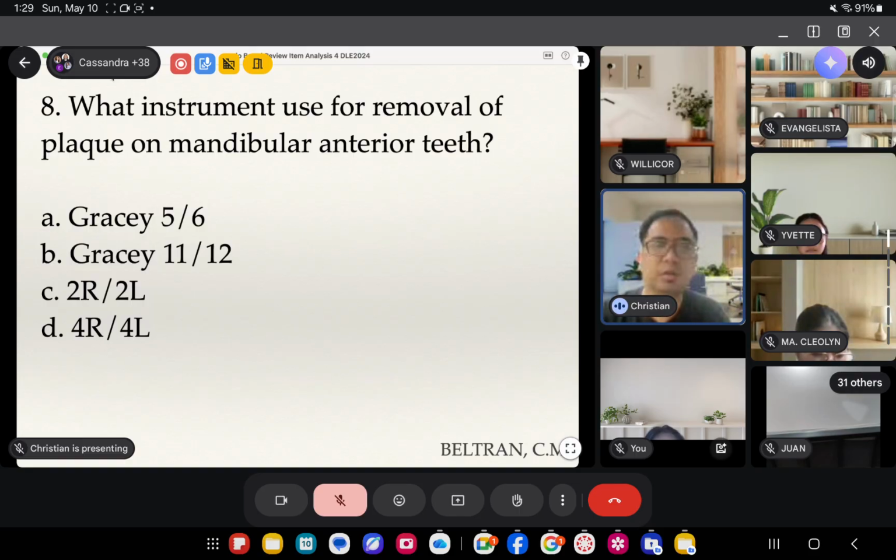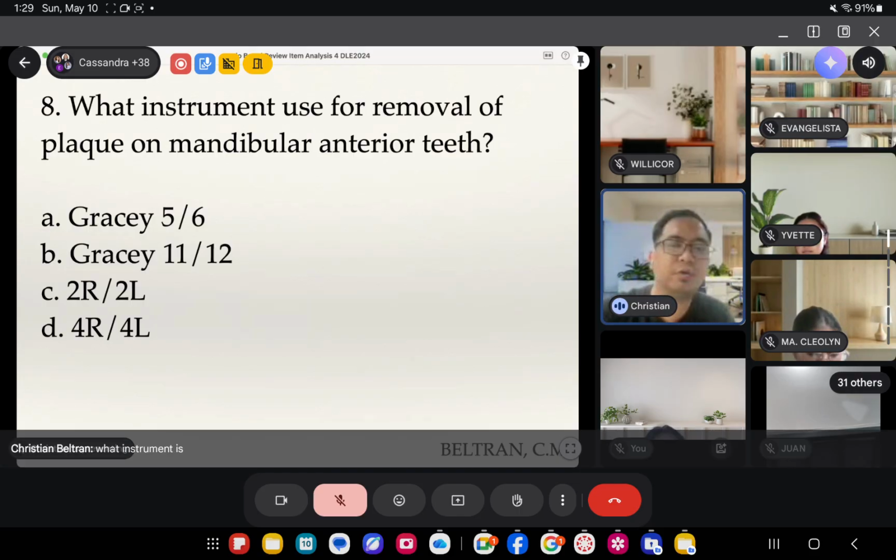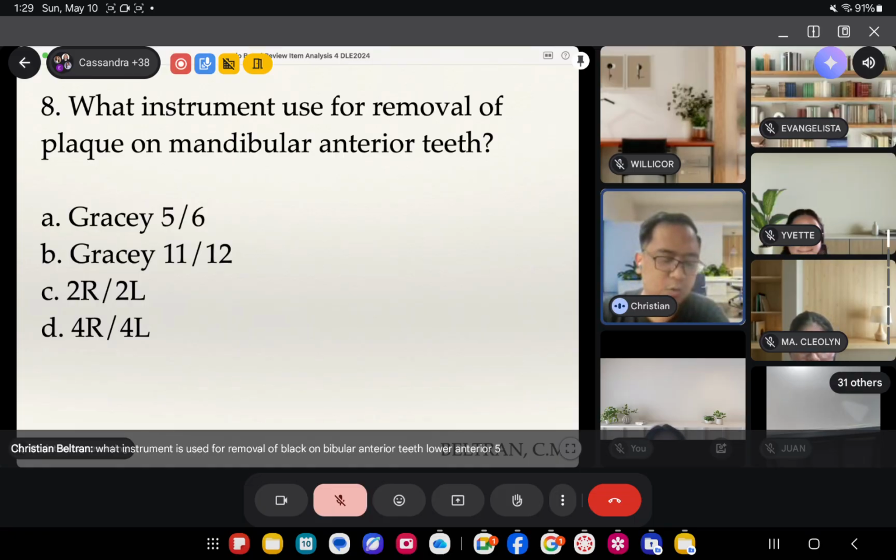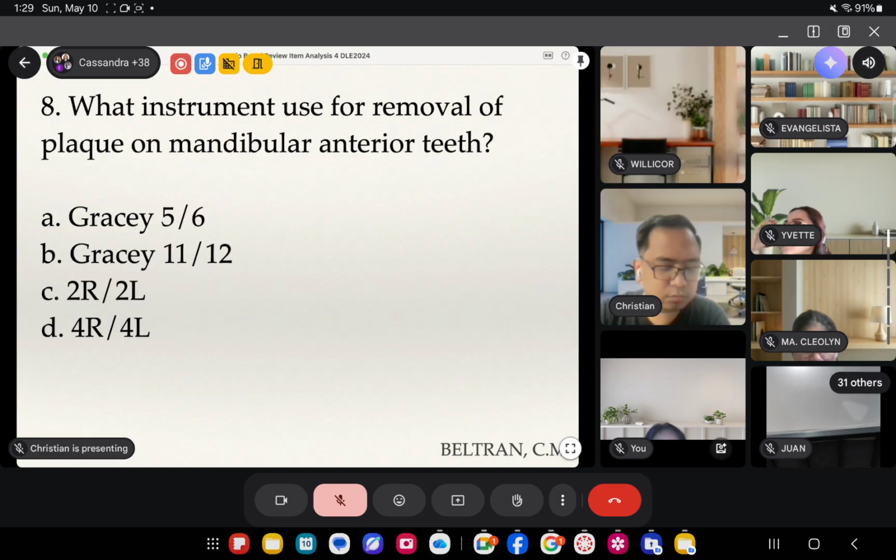For number 8, what instrument is used for removal of plaque on mandibular anterior teeth? Lower anterior, 5-6, 11-12, 2R2L, 4R4L. Dalawa yung possible answer.